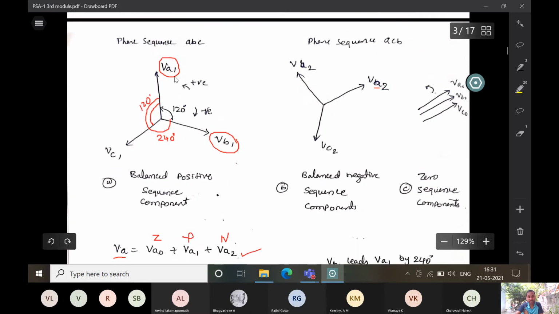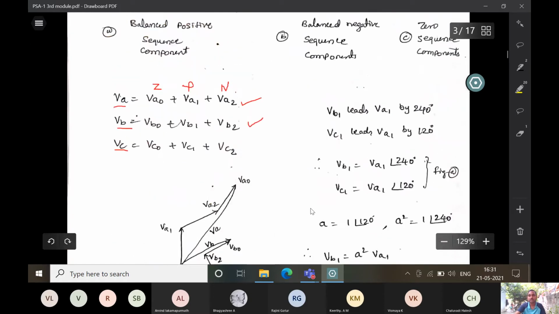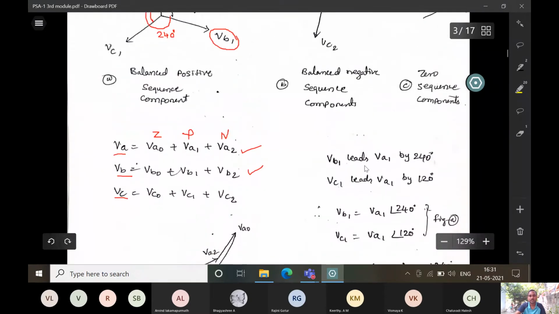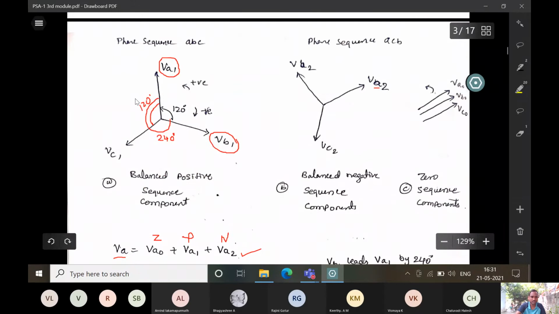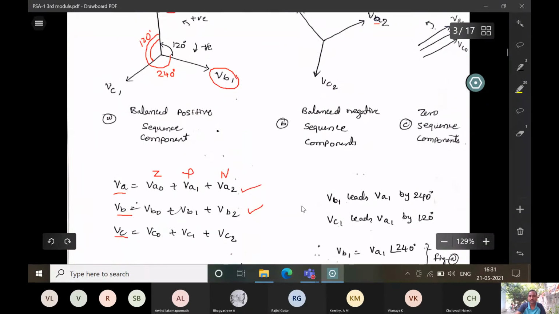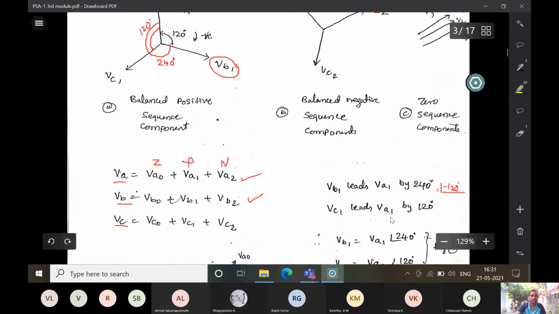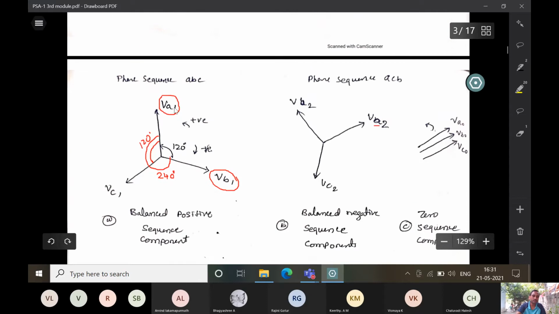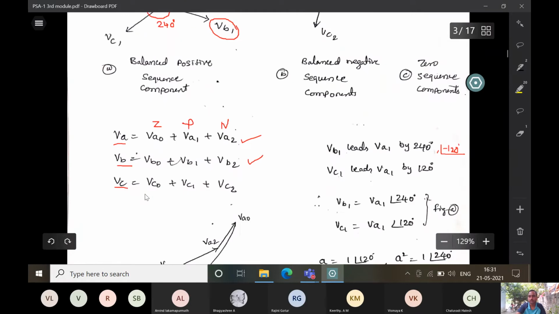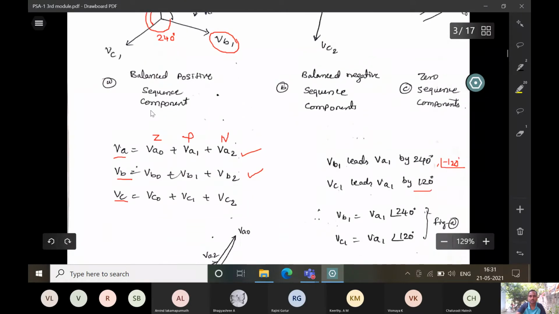What is the relation between A1 and B1? A1 is the reference. From the reference, A1 to C1 is 120, and A1 to B1 is 240, or minus 120. Similarly, VC1 leads VA1 by 120, so that is plus 120.